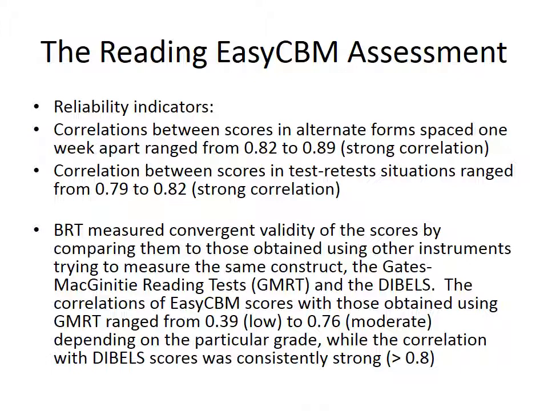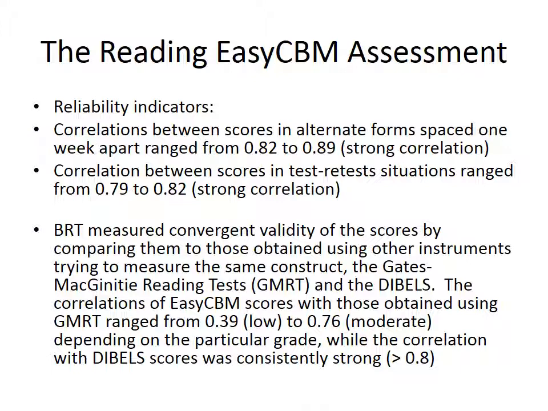BRT measured convergent validity of the scores by comparing them to those obtained using other instruments trying to measure the same construct. In particular, they compared it to the GMRT and the DIBELS.